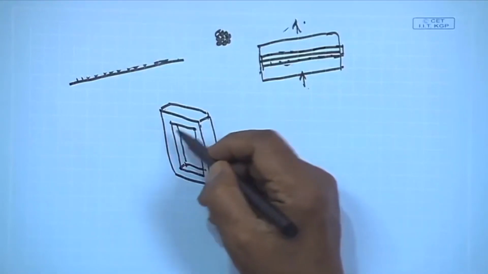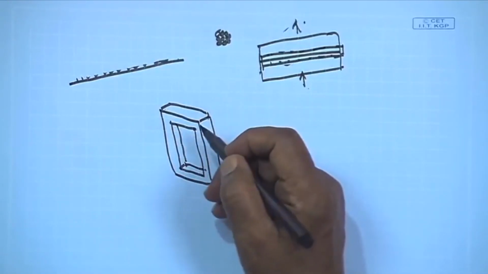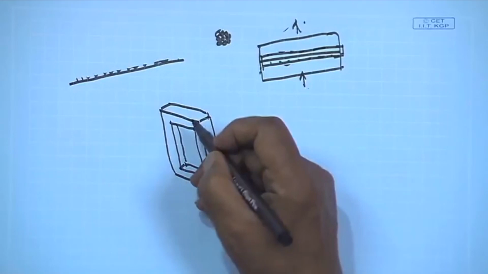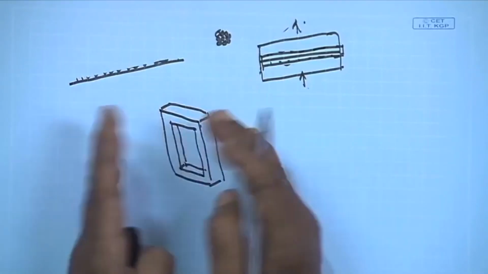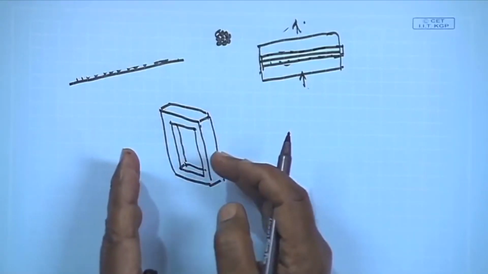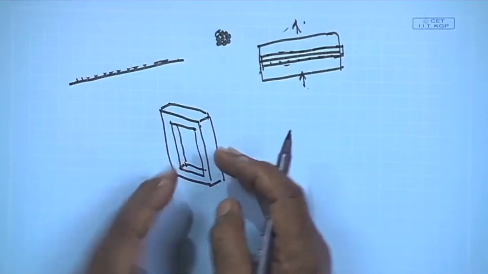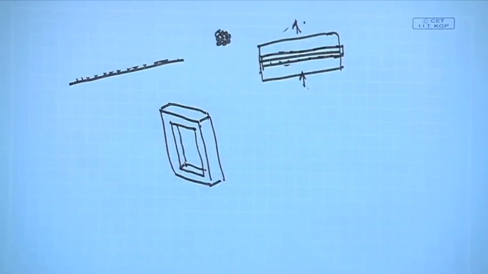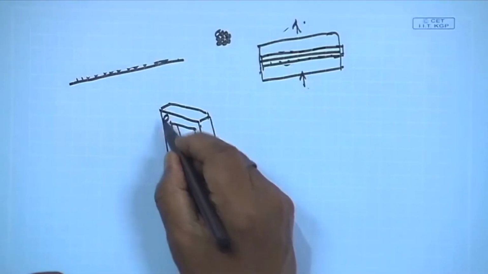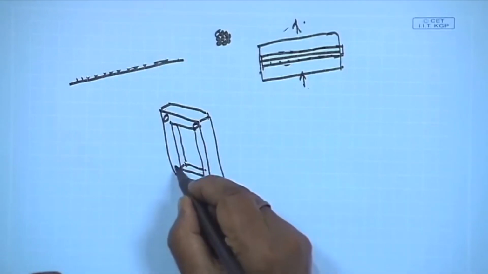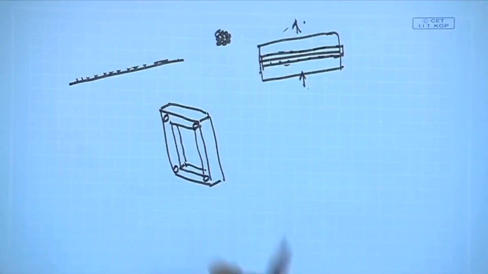So this is the frame that we have, and what we do is wrap this frame with a thick cotton pad, and then a number of frames are bunched together. Because this is usually made of wood, we can easily make holes in it, and with the help of nut and bolt we can fix them all together.